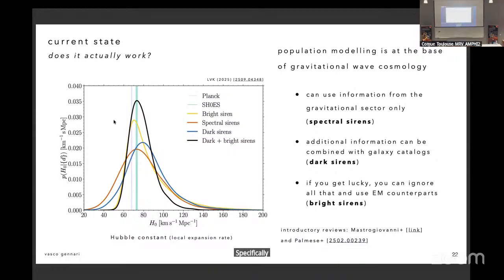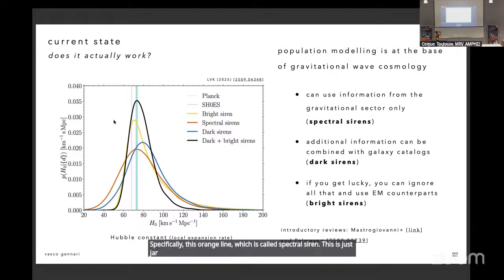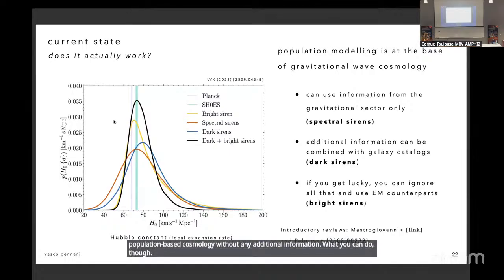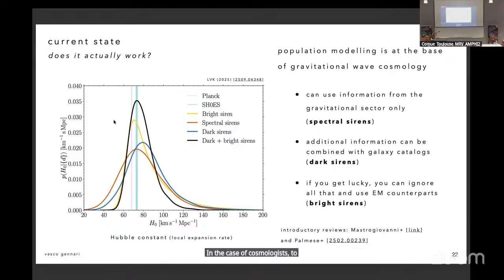Specifically, this orange line is called spectral siren. This is just jargon for population-based cosmology without any additional information. What you can do, though, in the case of cosmology, is combine this approach with additional information from galaxy catalogs, for example.